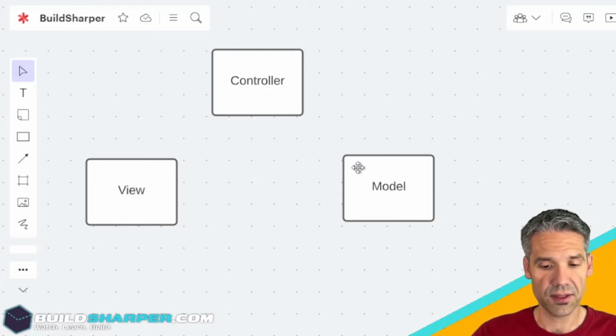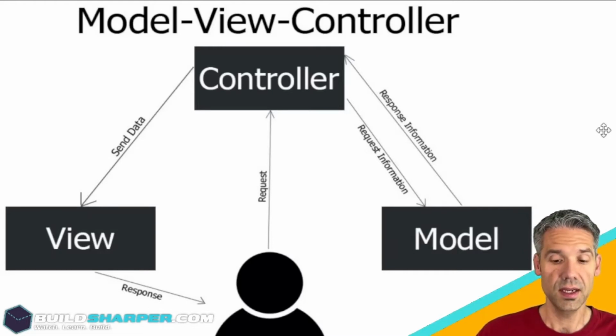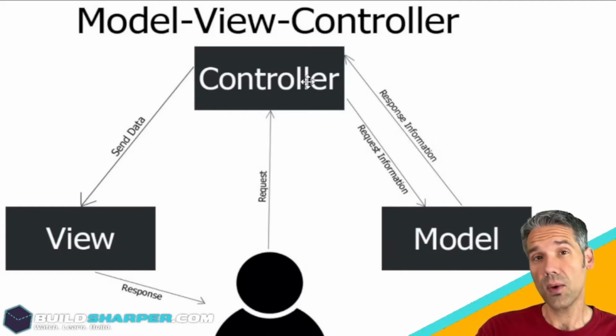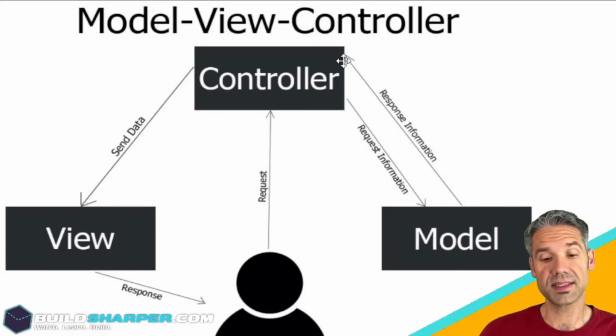Okay, so let's look at another example. So this illustrates the flow of a request in MVC. So you can see down here, this is our user. It's making a request into the controller. The controller then sends the request information over to the model. The model then sends a response back to the controller with the requested data.